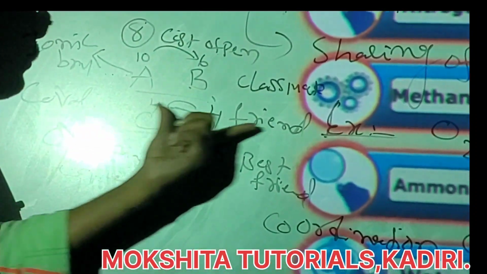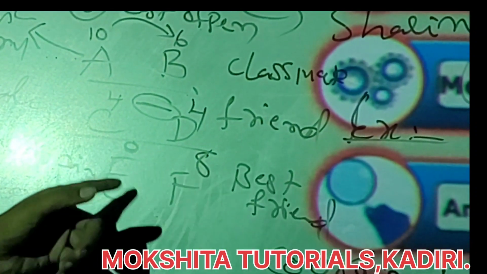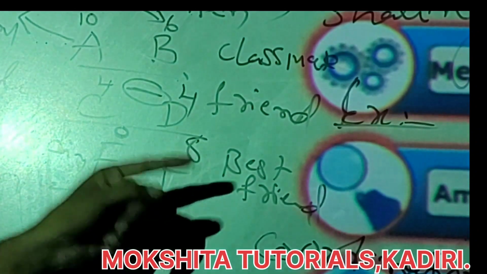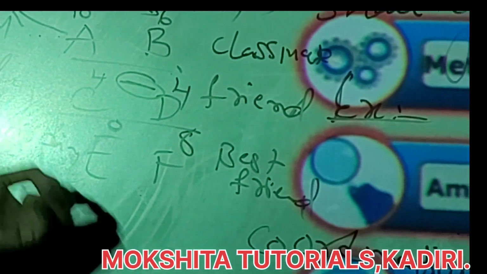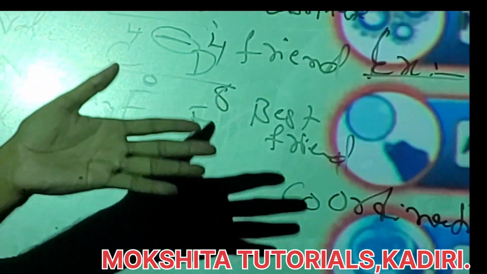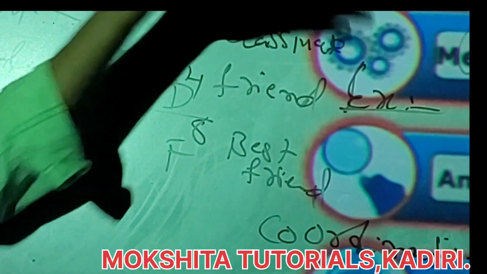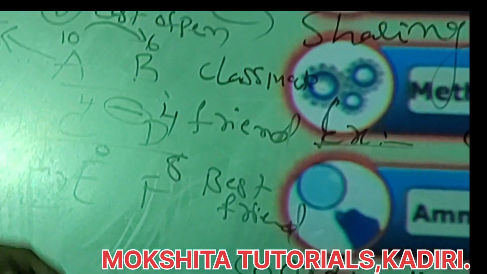This is the covalent bond, where there is sharing of electrons. And this is the coordination covalent bond: only one friend gives the 8 rupees, the next one does not give any money, but the pen is equally shared. So this is about the 3 types of chemical bonds.